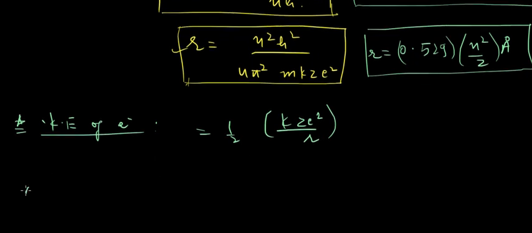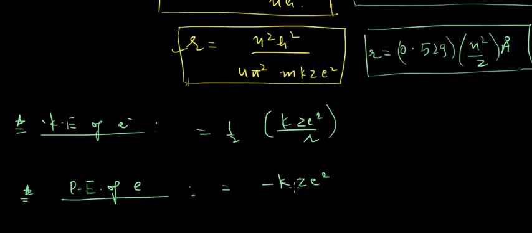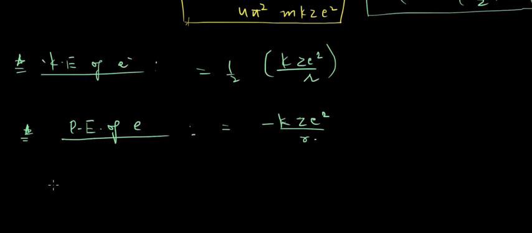And the potential energy of the electron would be minus kZe square upon r. Remember the fact that potential energy is twice negative of kinetic energy.